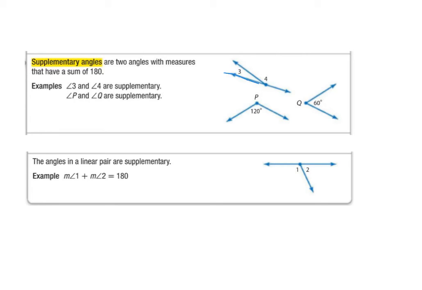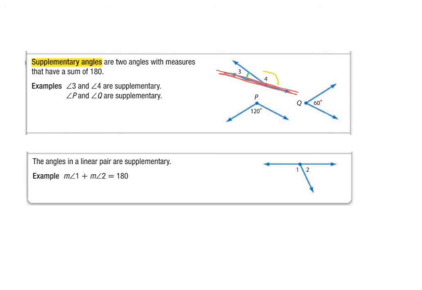So if I were to take these two angles up here, 3 and 4, I can see that even though one of them is acute and one of them is obtuse, together, when they are written together as a pair, as a linear pair, they form a straight line. So supplementary angles adds up to 180 degrees.